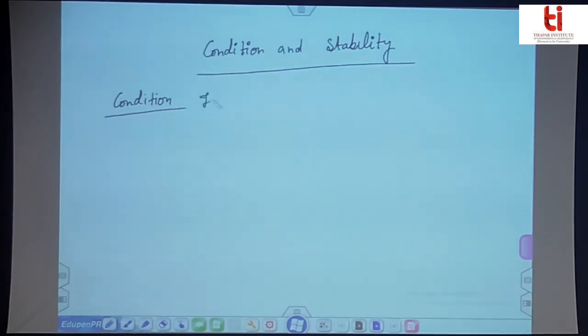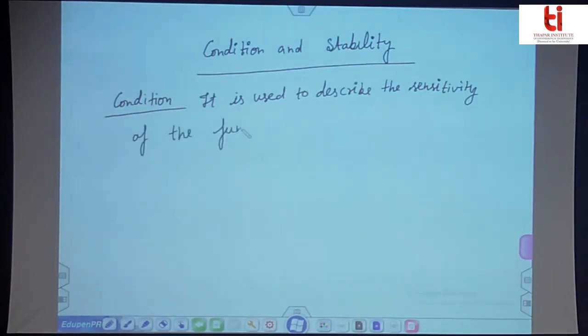It is used to describe the sensitivity of the function. Sensitivity of the function.